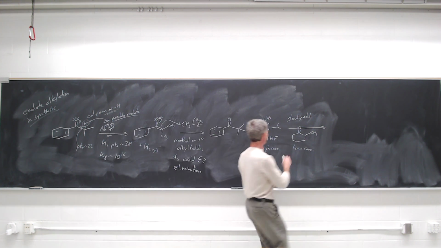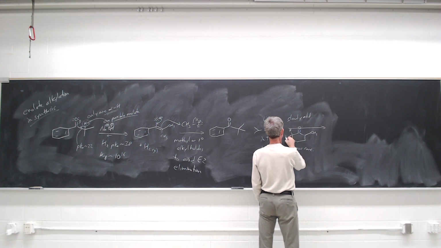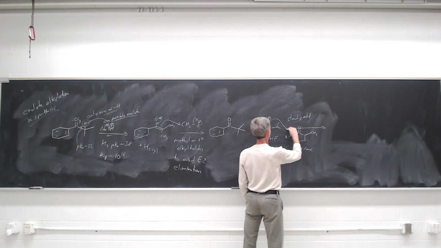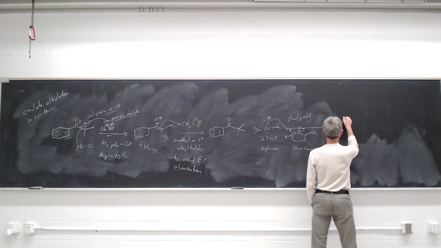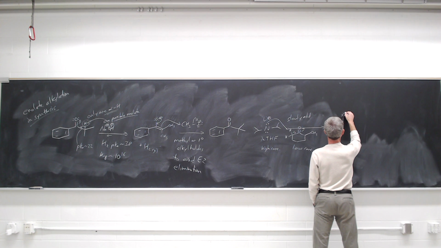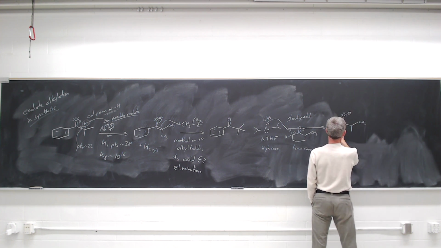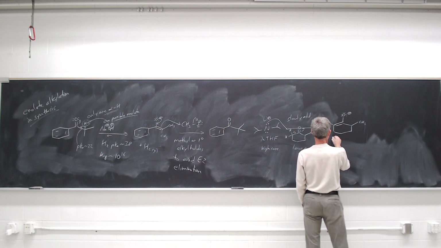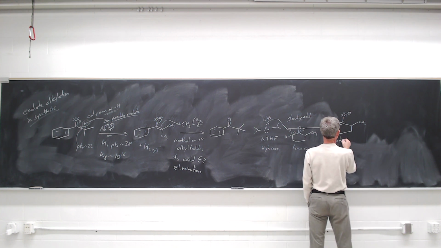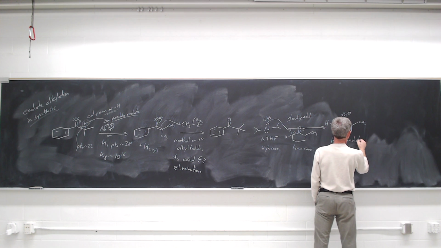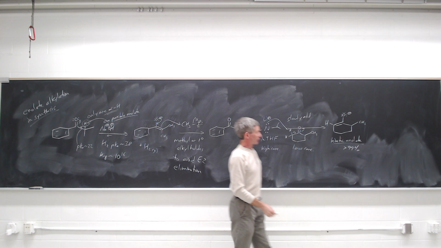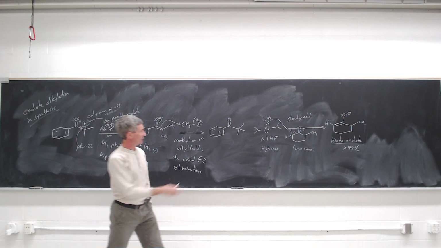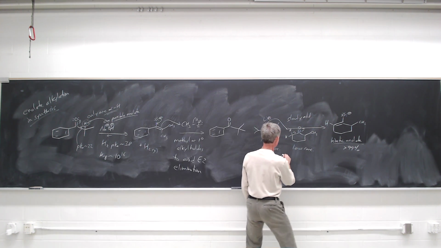What we hope is that once we form the enolate, it's not that likely to run into another carbonyl compound. Because of the steric hindrance of the lithium diisopropylamide, it will remove the more accessible hydrogen.